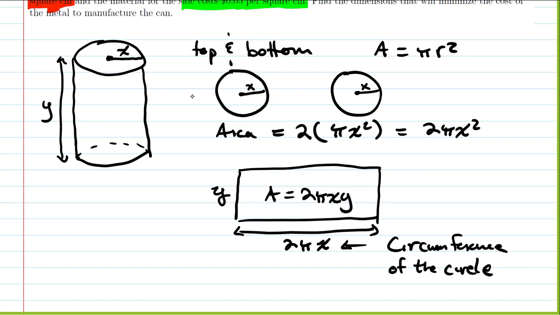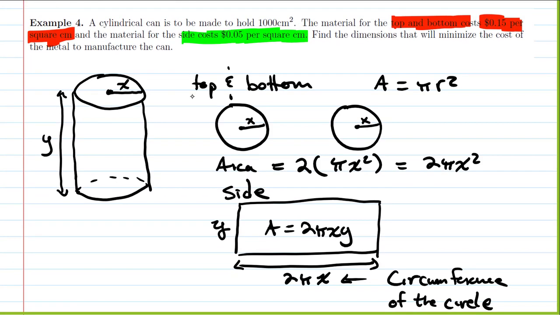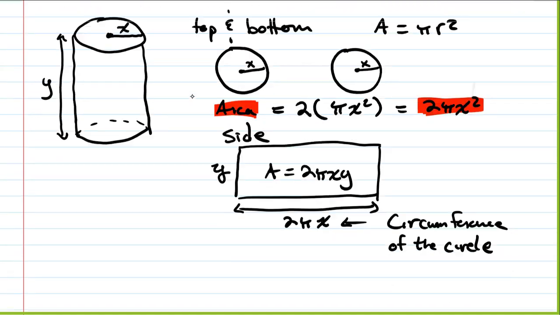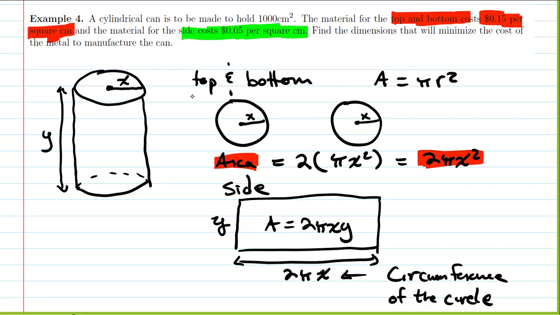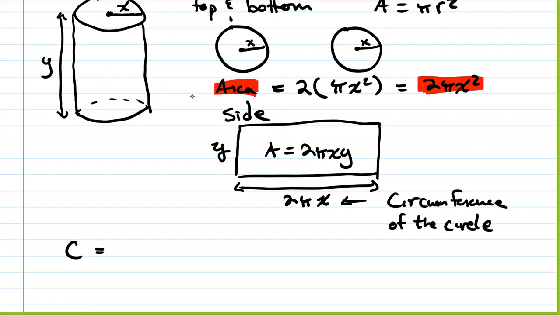So we have the area of the top and the bottom, and we have the area of the side. But now we know what the cost is for each of these. We have our cost per unit area, and then we have a formula for our area. So our cost C is going to be the cost per unit area, 0.15, I said that in the wrong order, times our area, which is 2 pi x squared.